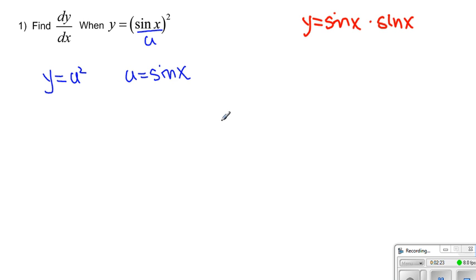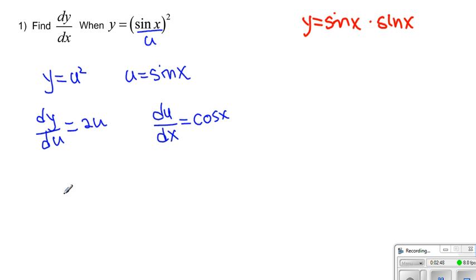Now, dy over du equals, in this case, simply 2u. How about du over dx? It becomes cosine of x, the derivative of sine being cosine.